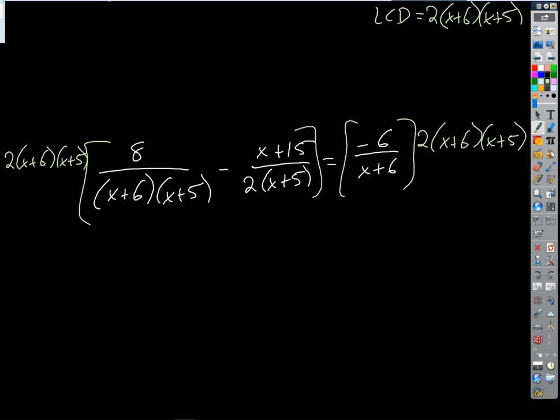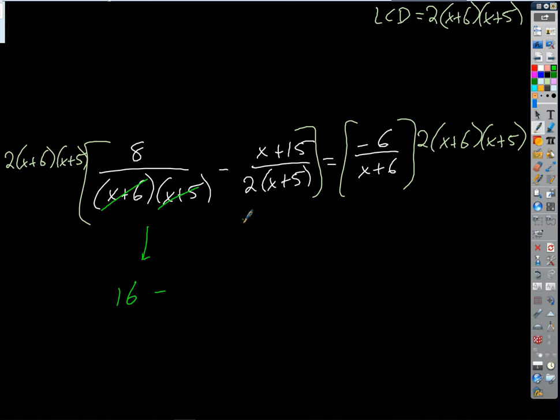okay, so first term, what cancels? So good, those guys go away. All I get is the 2 on top, so I'm getting just a 16. Okay, now subtracting this one, what's going to cancel there?